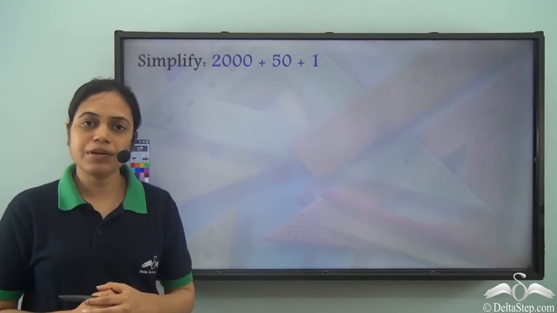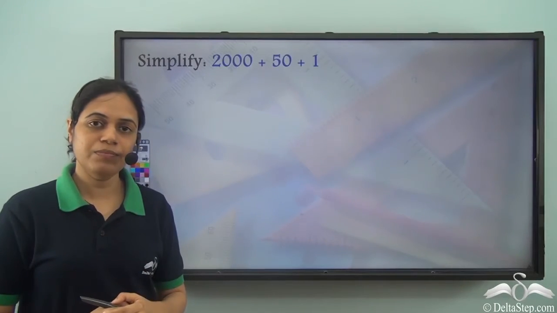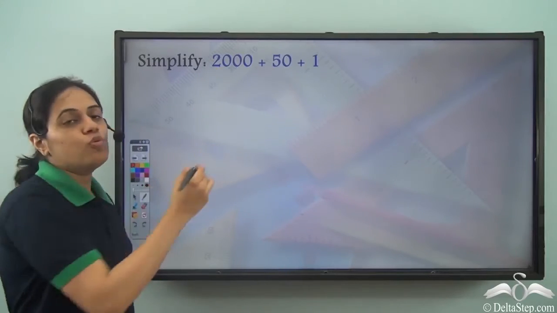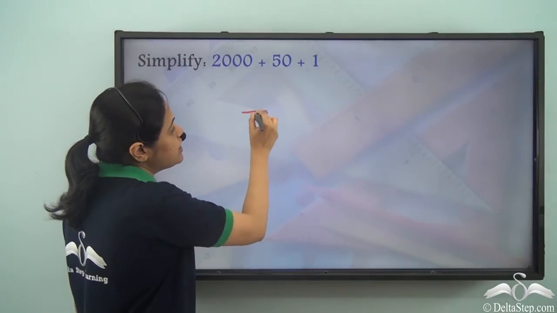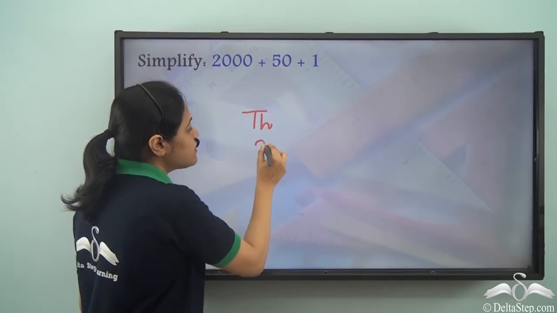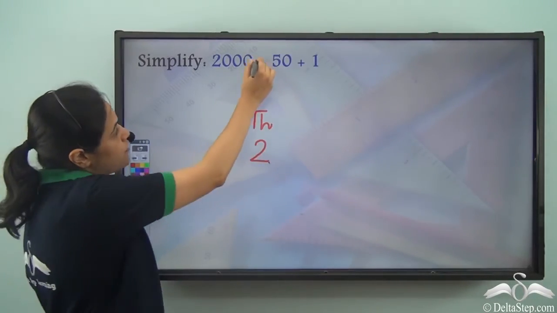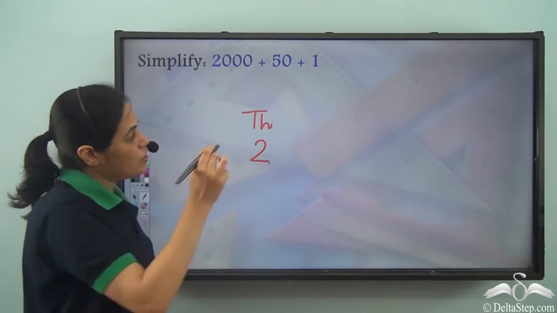Now what about this number? So can you find the number from this expanded form? Let us see. So I have 2000. That means there are 2 thousands. So thousands place has the digit 2. 50. So 5 tens.